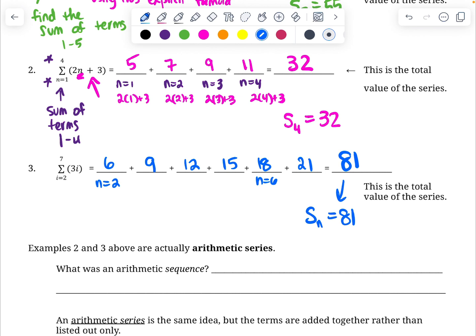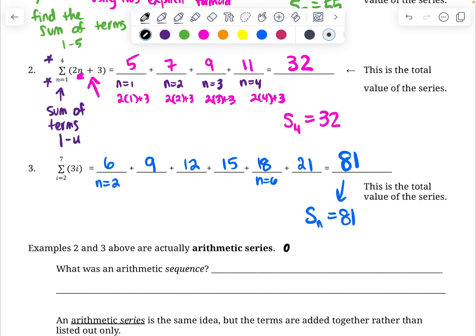Okay, examples 2 and 3 above are actually something we've already talked about. They're called arithmetic sequences. So if you'll notice, the a_n in number 2 is 2n plus 3, and the a_n in number 3 is 3i. Those are both explicit formulas.